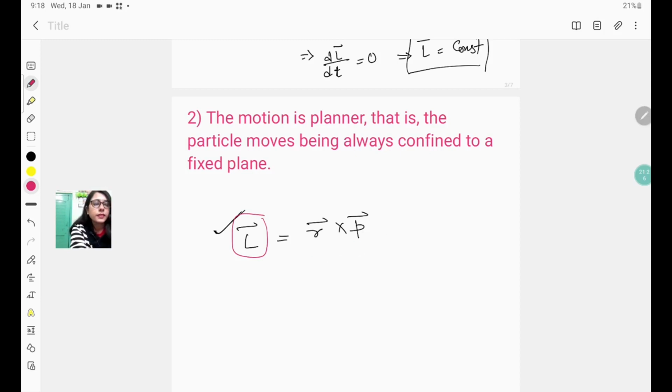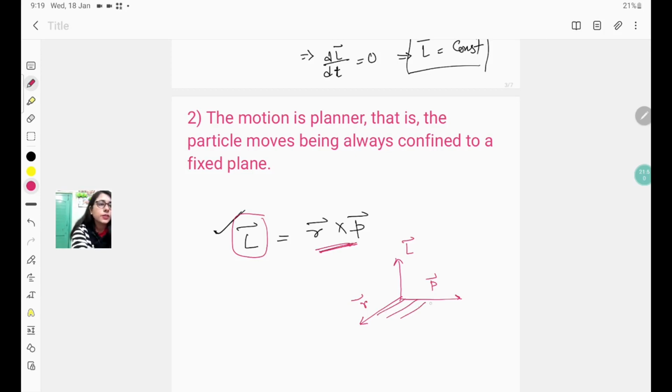Suppose I am just showing here 3 axes, x, y, z axis. Now if this one is the r axis, this one is the p axis, suppose, that means L becomes this one, that is, L is always along the line which is perpendicular to the plane having these 2 vectors, r and p, right?